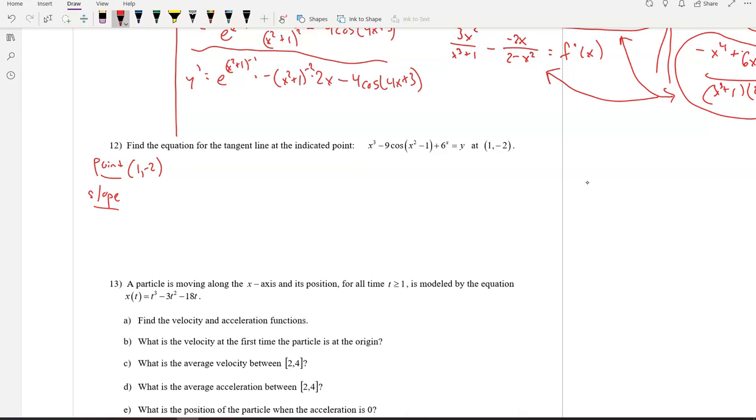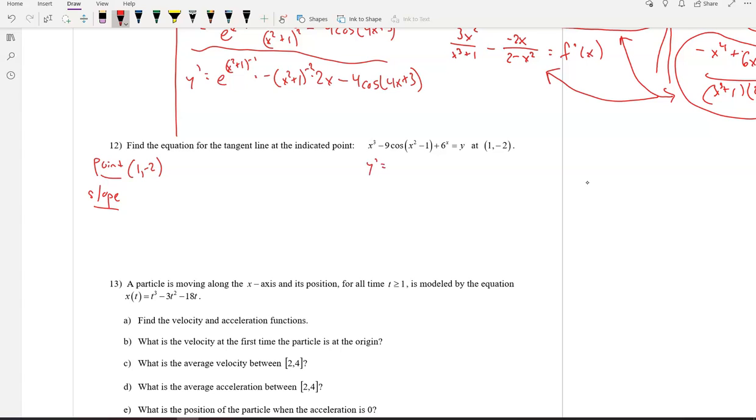In the next lesson, we'll look at implicit differentiation, where the x's and y's are mixed together, and we'll sometimes need to plug in a y coordinate as well. But for right now, since the function is solved for y in terms of x, we just need to plug in that 1.